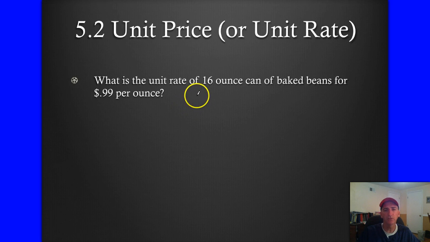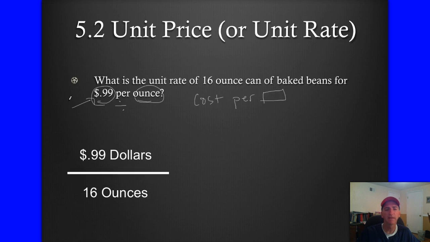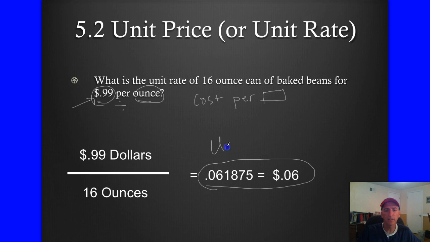So what you're doing is you're basically finding the cost or the price per whatever the unit is: ounces, pounds, or whatever. So when you do that, you're going to divide the price by the number of ounces. The price in this particular question is 99 cents. Number of ounces was 16. So you just divide that out. That's your unit rate right there. That's the price that you're paying.